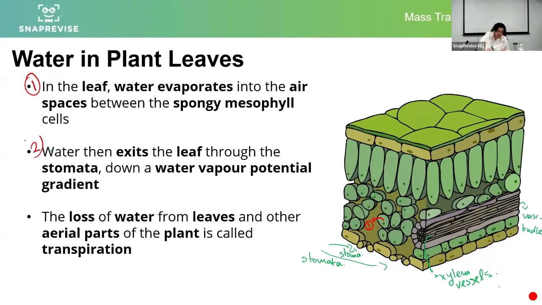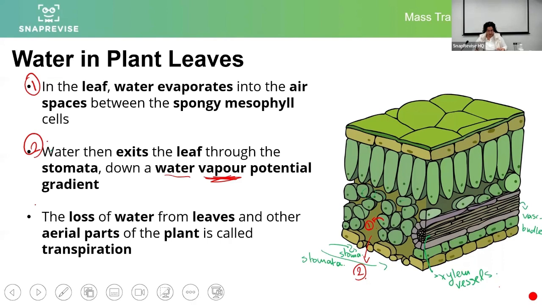Second step is that water then exits the leaf through the stomata down a water vapor potential. Water vapor, right? It exists as water vapor in here, and it exists as water vapor out here in the atmosphere. So there's a water vapor potential, a gradient, meaning a higher concentration of vapor inside the leaf than outside in the atmosphere.